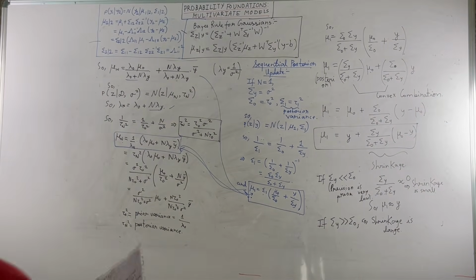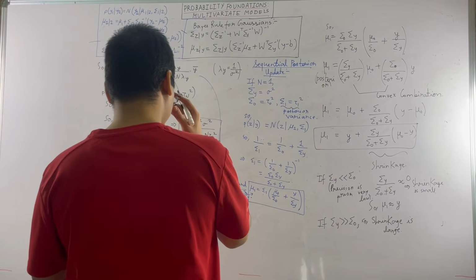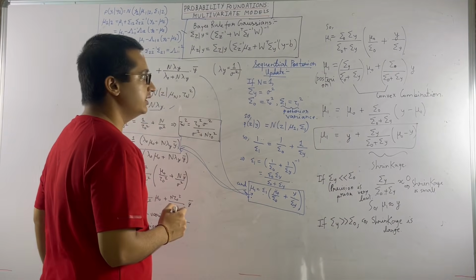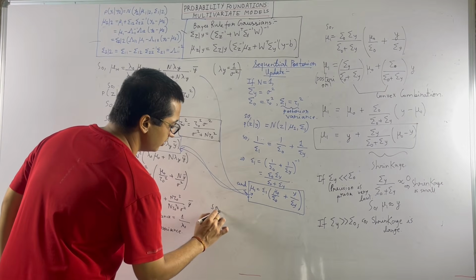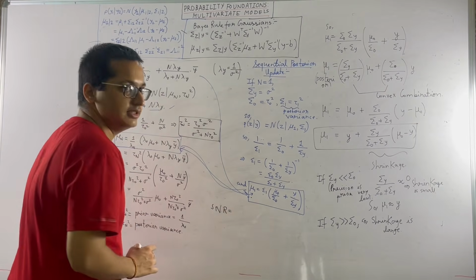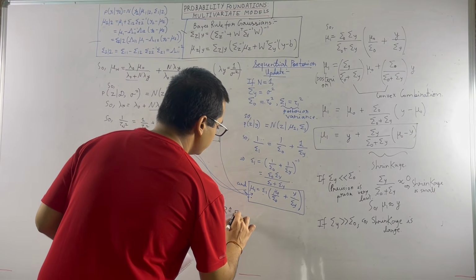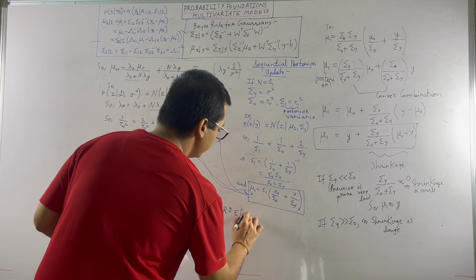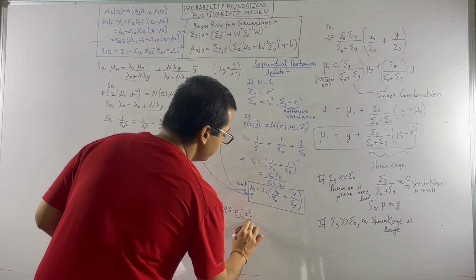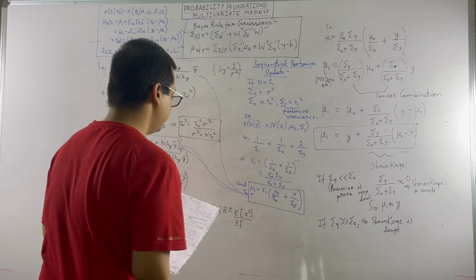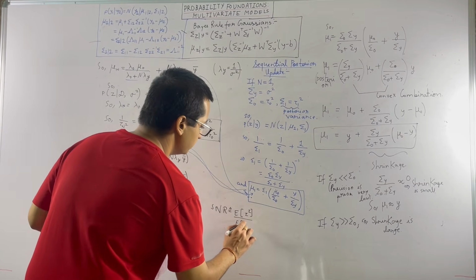Another quantity that we often measure is the signal to noise ratio, SNR, which is written as the expectation of the energy of my underlying latent divided by the expected value of the noise, epsilon square.